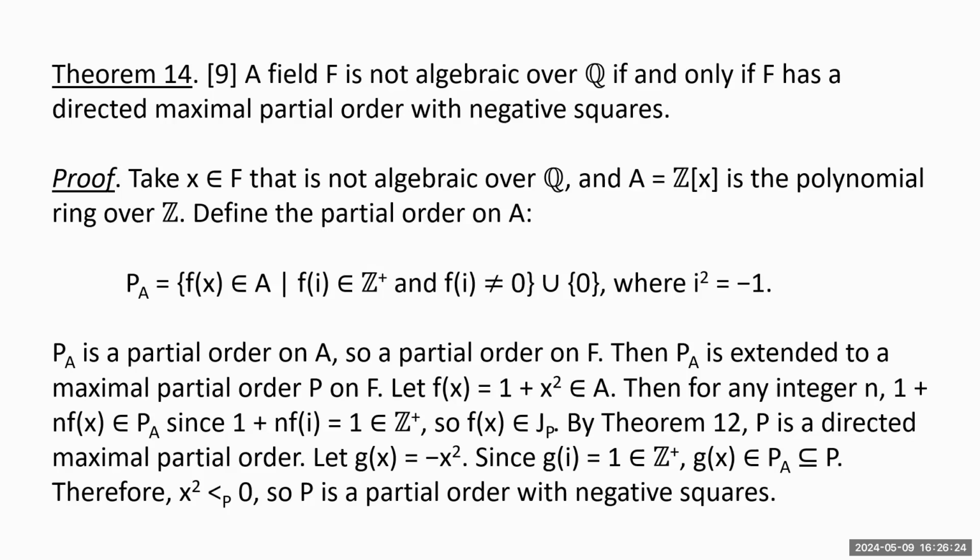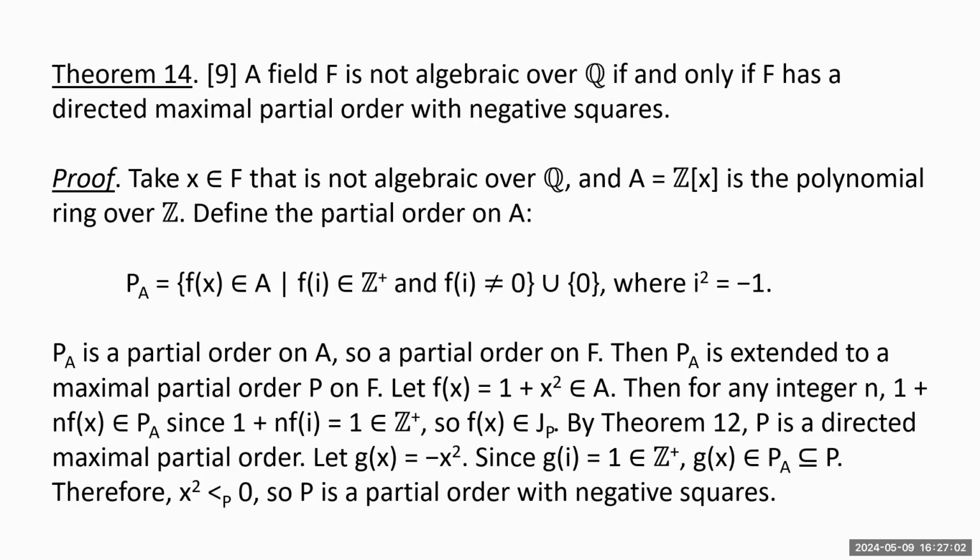I want to show F is not algebraic. So if F is algebraic, then F has no directed maximal partial order with negative squares, because we know a directed maximal partial order must be a total order.